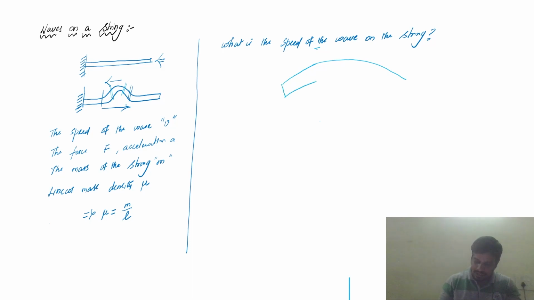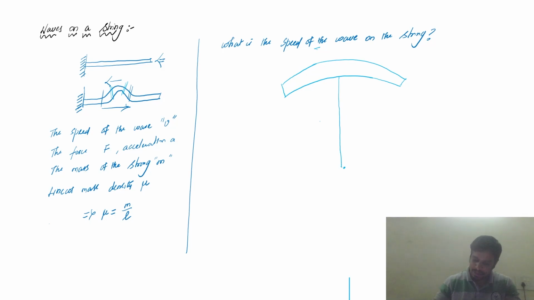So this is a string. If you take a small curvature on the string when the wave is propagating, this is the zoomed version of that portion. It looks like an arc of a circle, so you can fix the center point.